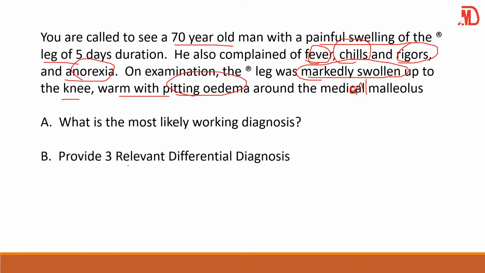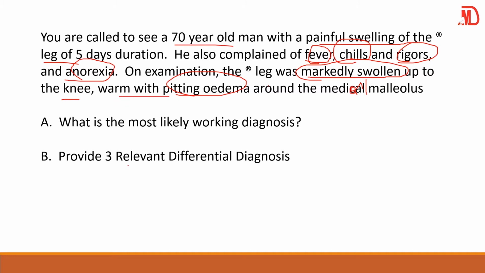Like I was saying before, when you have an inflammatory process taking place in the leg, one of the things that comes to your mind is cellulitis. What other things will come into your mind? Over here, you are thinking of DVT, or deep vein thrombosis. We also have pyomyositis, that is inflammation involving the skeletal muscles.